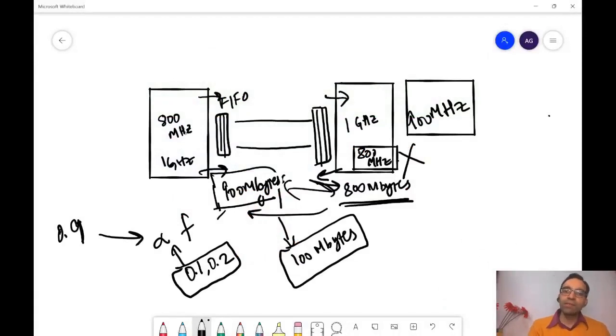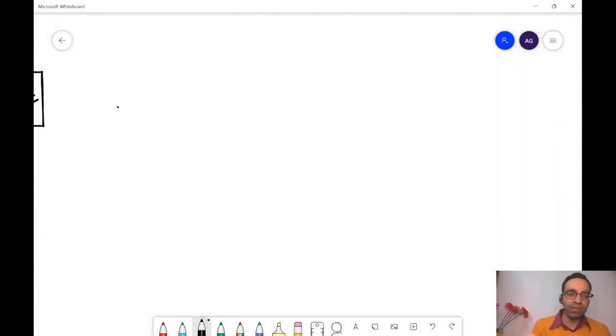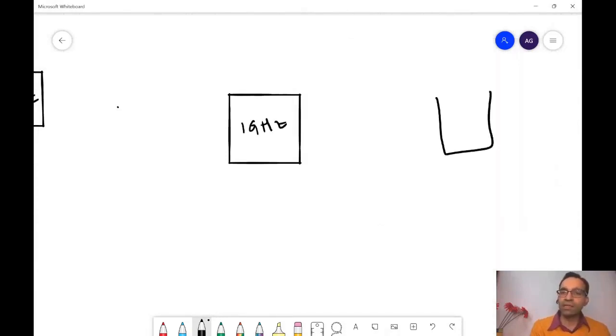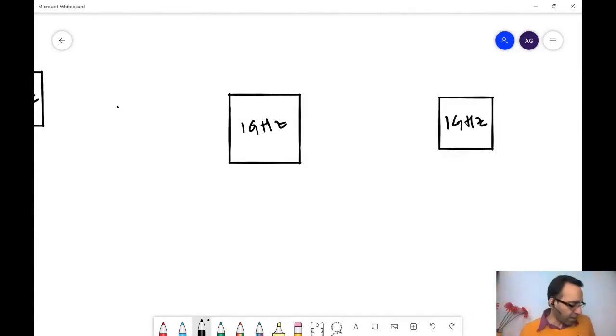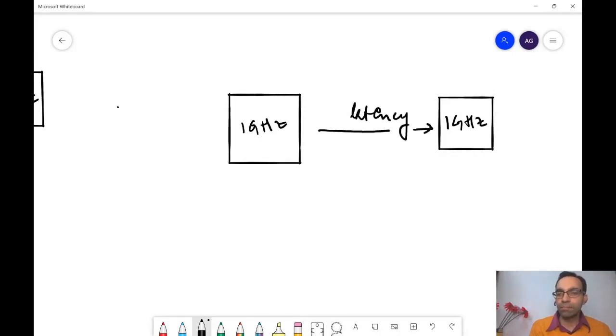we said that the frequency is different, but there can be a case where I have two systems or two voltage islands, both operating at 1 gigahertz, just that they are far away from each other. So there would be latency between them. In such a case, what happens?